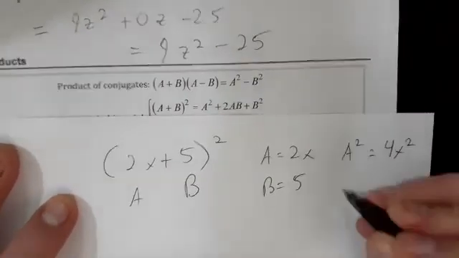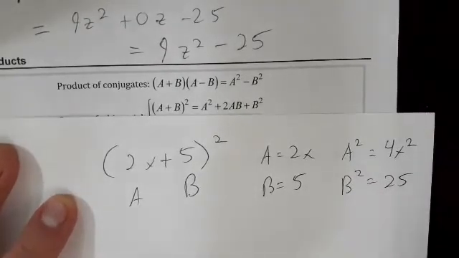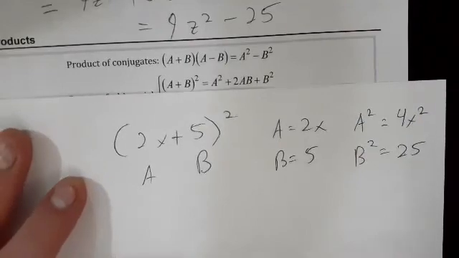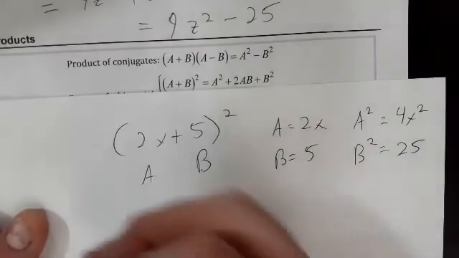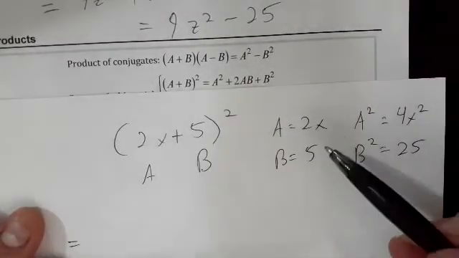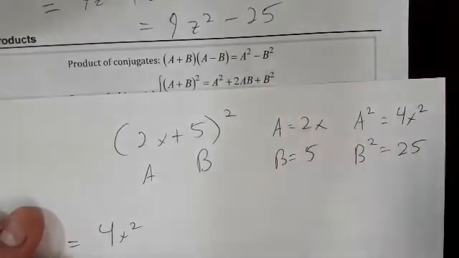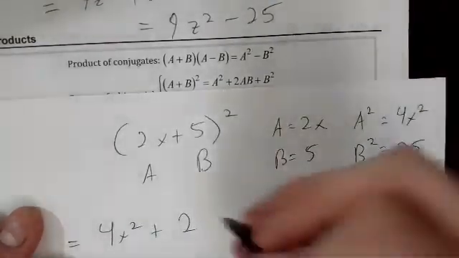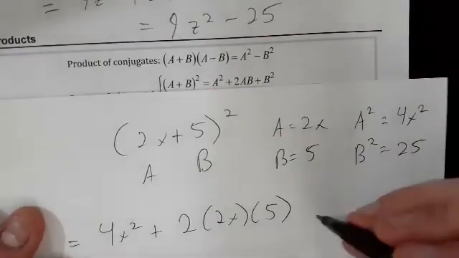So if I square 2x, that's going to give me 4x squared. If I square b, that's going to give me 25. So now I got to plug it into this thing. So a plus b squared is going to be equal to a squared, which was my 4x squared, plus 2, and I want to do a times b, 2x times 5, and now I'm doing plus b squared, which is what, plus 25?